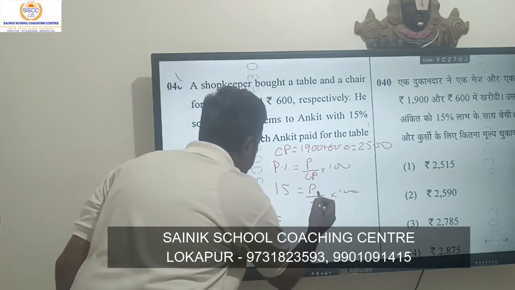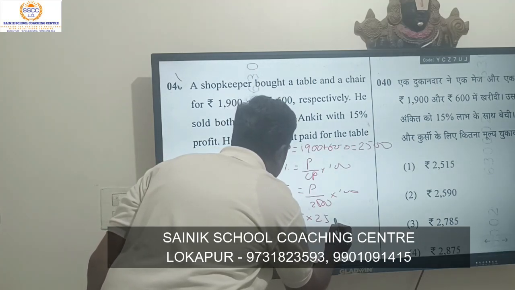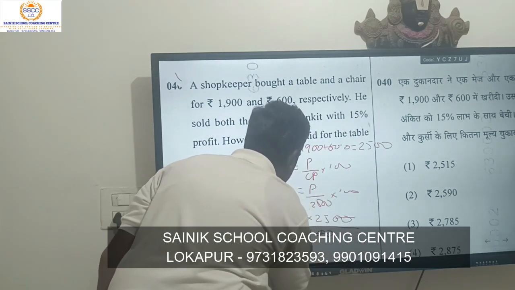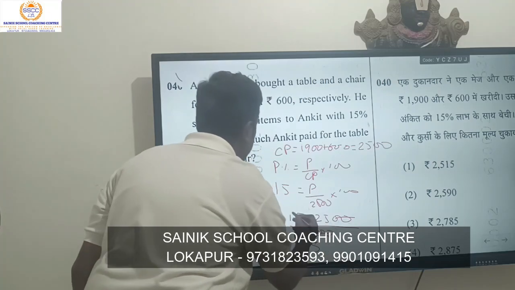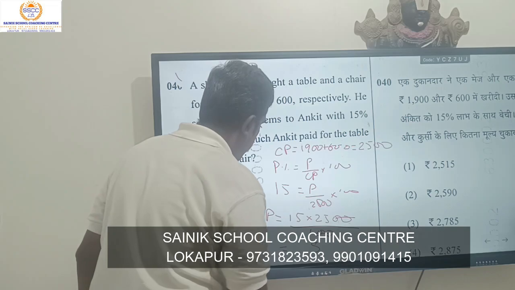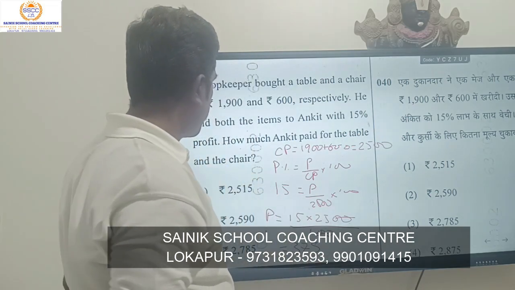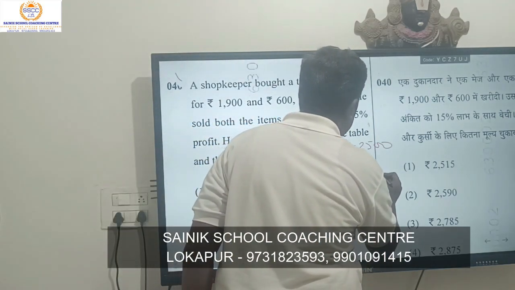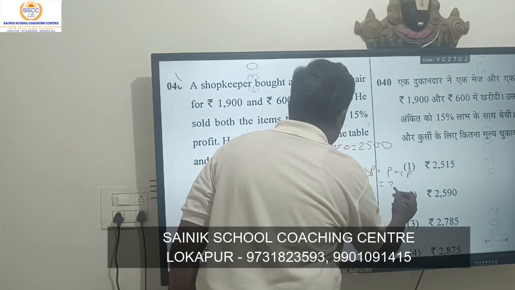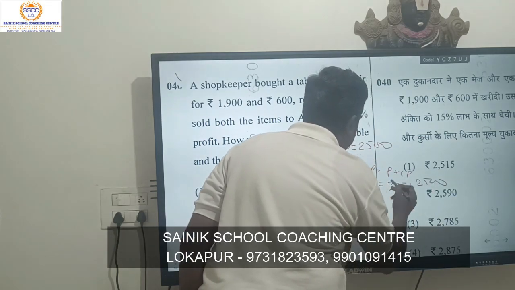So P is equal to 15 into 2500 divided by 100. 25 5s are 125, 25 ones are 25 plus 12, that is 375 rupees. So what will be the selling price here? Selling price is equal to P plus CP, right? P is 375 plus CP is 2500. What will be the total?